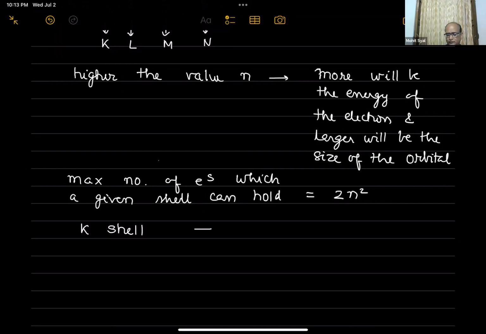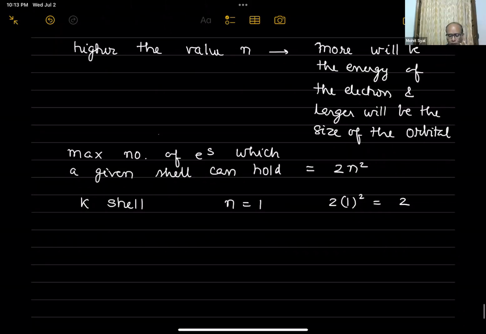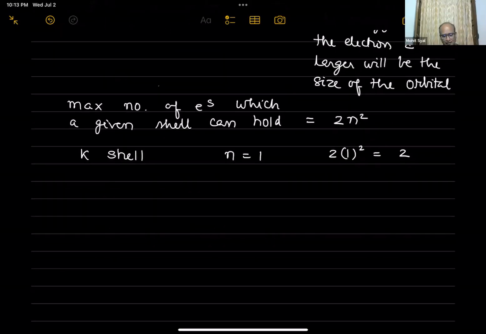For all the other shells, it is 8 maximum. No, they can have more, but in junior class we tell that it is 8.